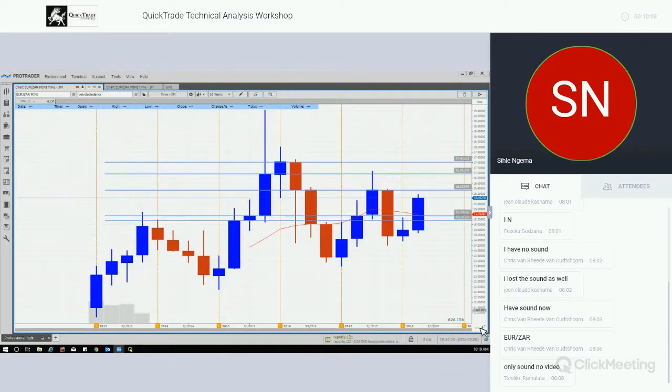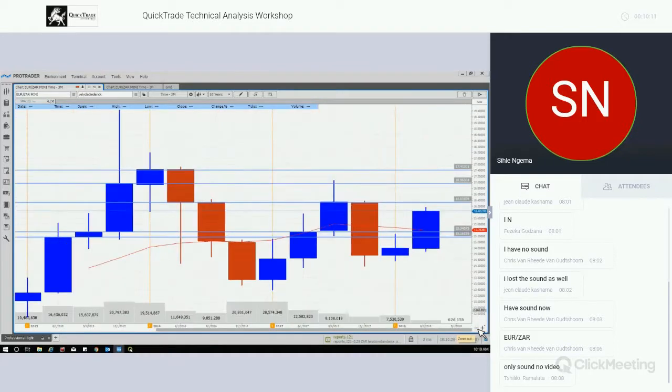So these are the levels we are looking at on this one. We are looking at 1633, 1696, 17 bucks. From there, we are looking at maybe 1741. Maybe that's where we can expect to see the rand recouping some of the losses that it suffered over the past couple of weeks.